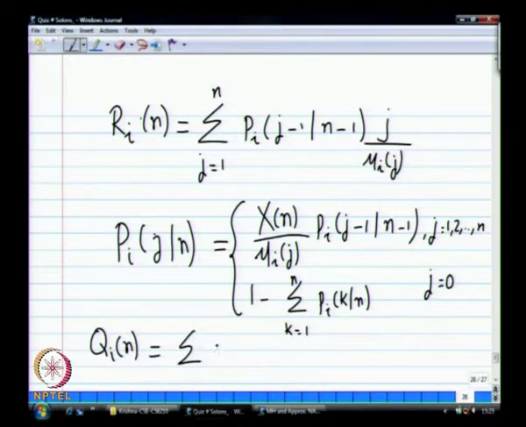Sigma j, where j goes from 1 to n, of j times Pi(j|n), that is all. So Pi(j|n) tells me the probability that j customers out of the n are residing in Qi, and that multiplied by j will give me the overall Qi.